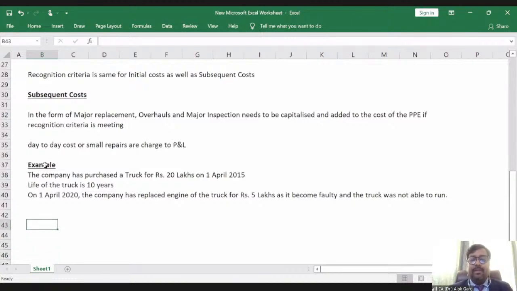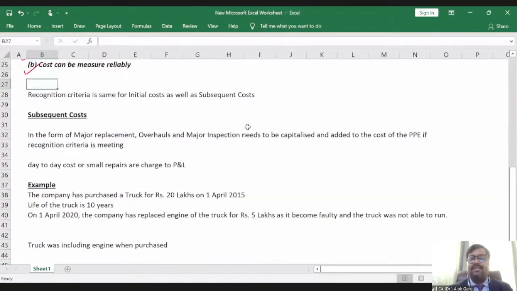So guys, tell me, when the company purchased a truck on 1st April 2015, this truck was including the engine when purchased, am I right? If the engine had not been there, you would not have been able to use the truck. So when we incur major expenditure on replacement of the engine, of course there will be 2 engines if I add.